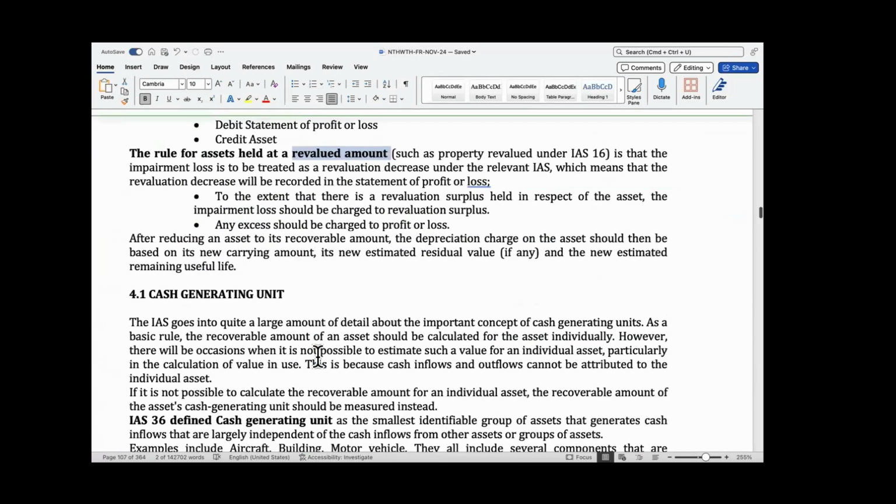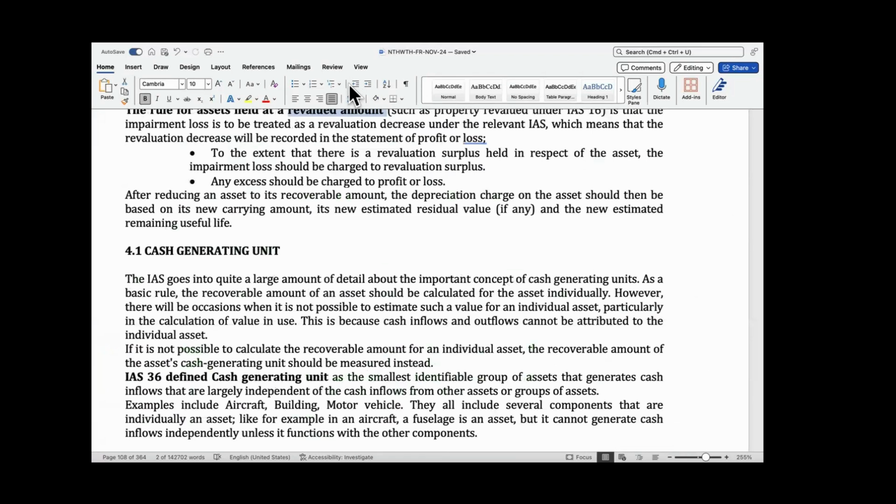Now, one more thing before we solve some other questions. That's what we call the cash generating unit.